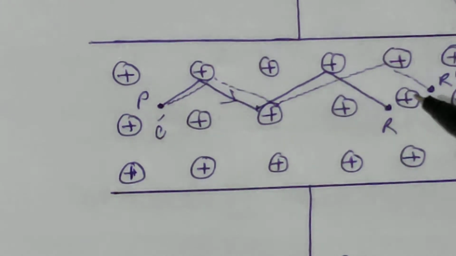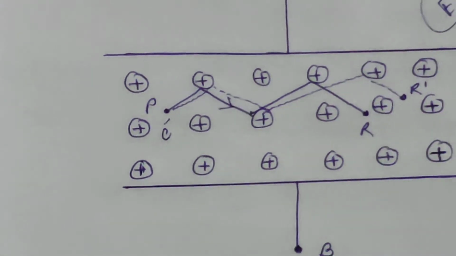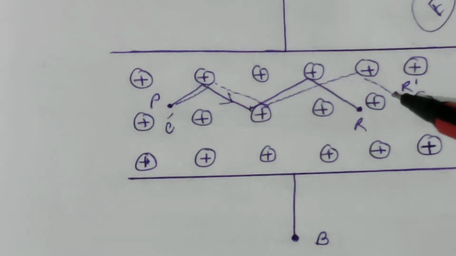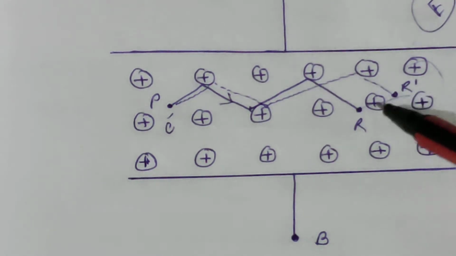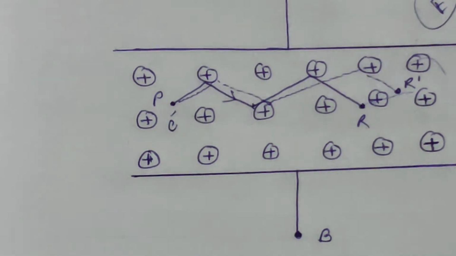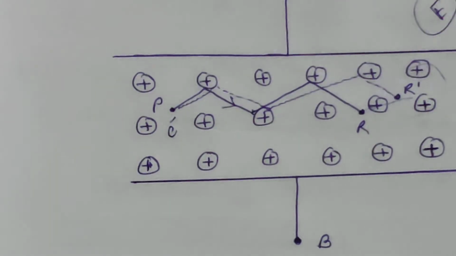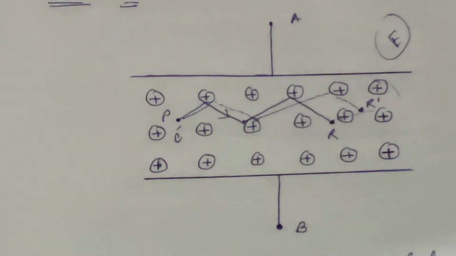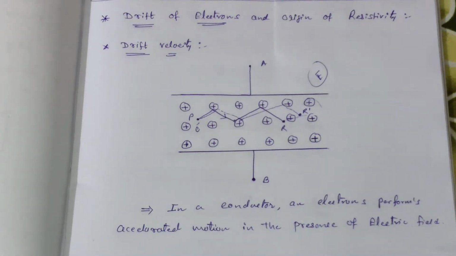This electron should reach point r, but due to the electric field, it reaches r dash. So r to r dash is the drift displacement, a small amount of displacement. Displacement upon time stands for velocity, which is the drift velocity.